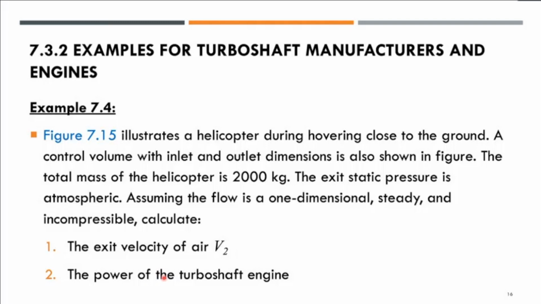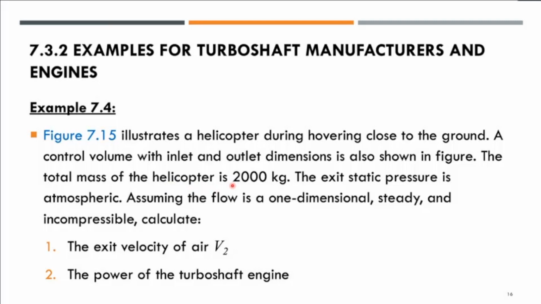I'm going to show you figure 7.15, which illustrates a helicopter hovering close to the ground. A control volume with inlet and outlet dimensions is also shown in the figure, and the total mass of the helicopter is given as 2,000 kilograms.